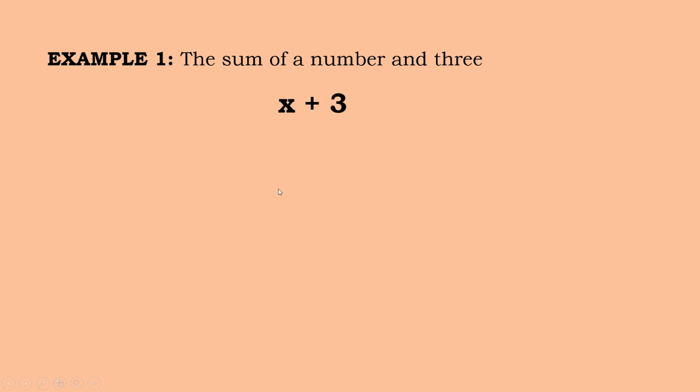So we have X plus 3, because from our example we have the sum, so addition, a number and a 3. We can also use A, B, C, but this time we'll just use X. So this is how we write this example.